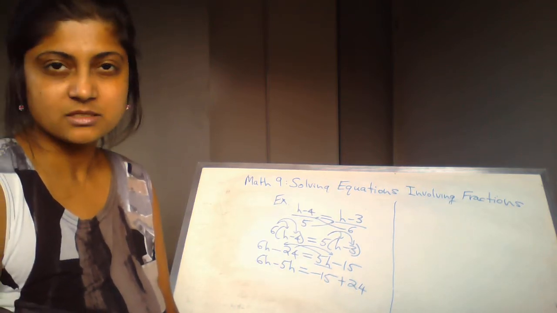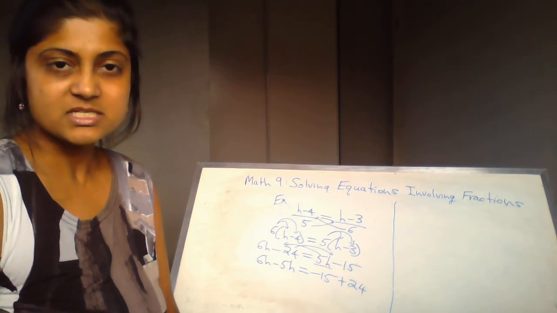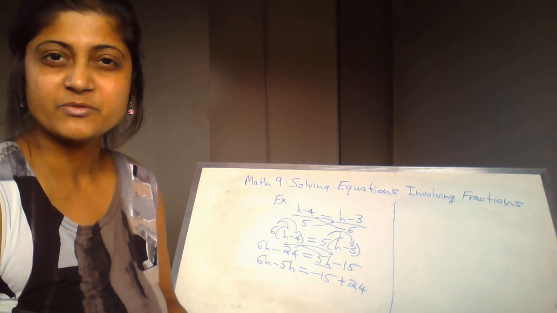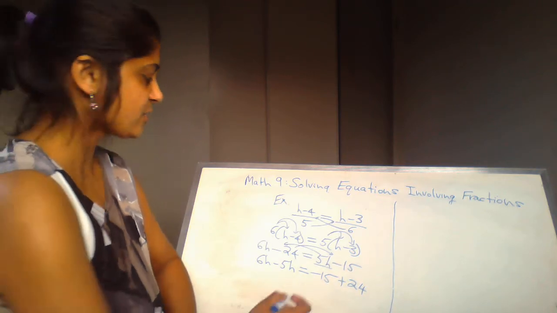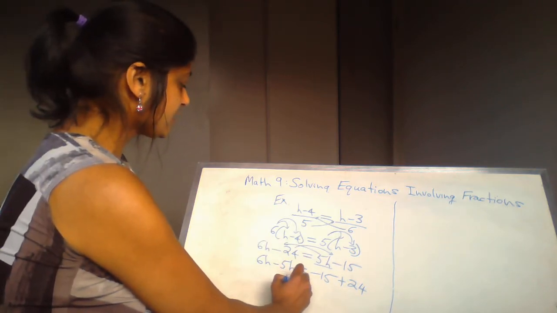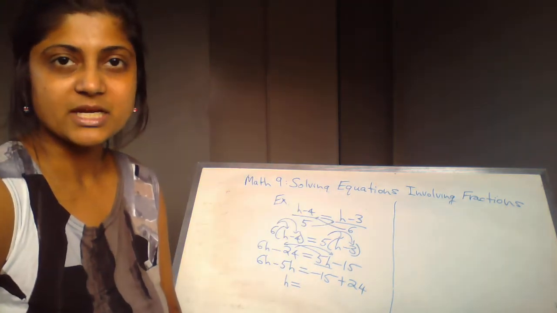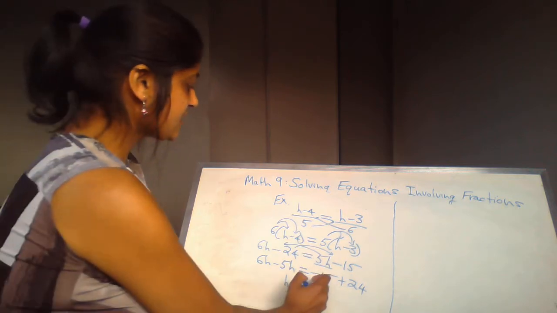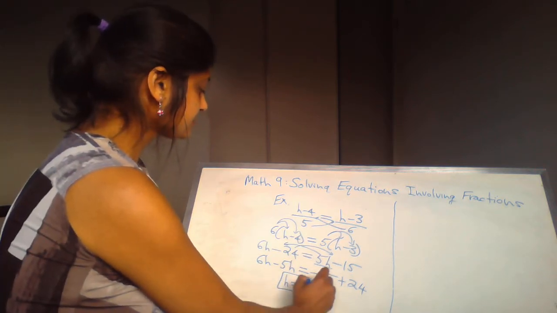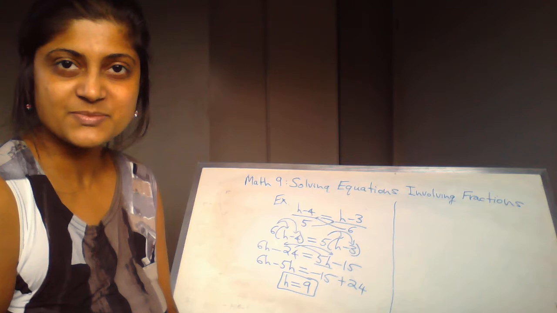And you should still get the same answer. And this is just in case you mess up some of the signs or it's a little bit confusing. I would just add one more step here, okay? So 6h minus 5h, 1h. And then I'm just going to do negative 15 plus 24, which is equal to 9. And this is positive 9. Alright, so this is my answer here.